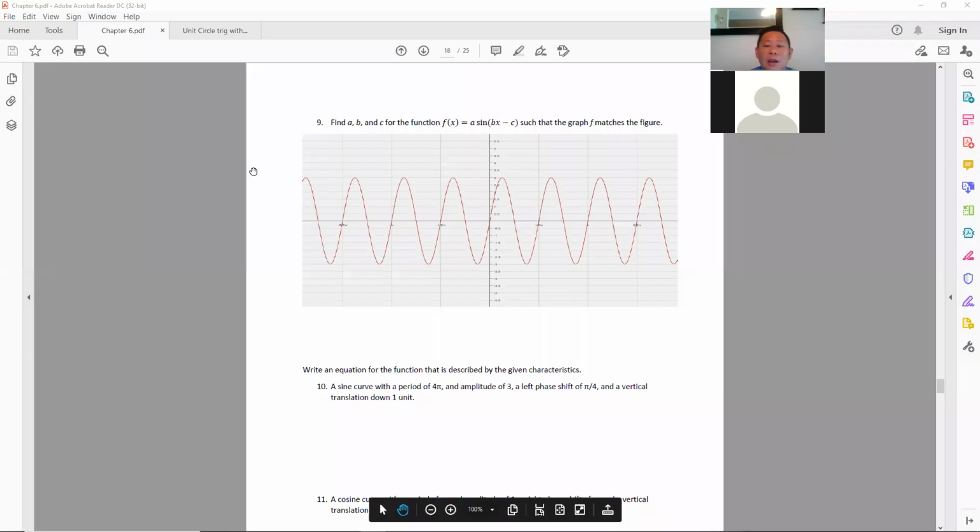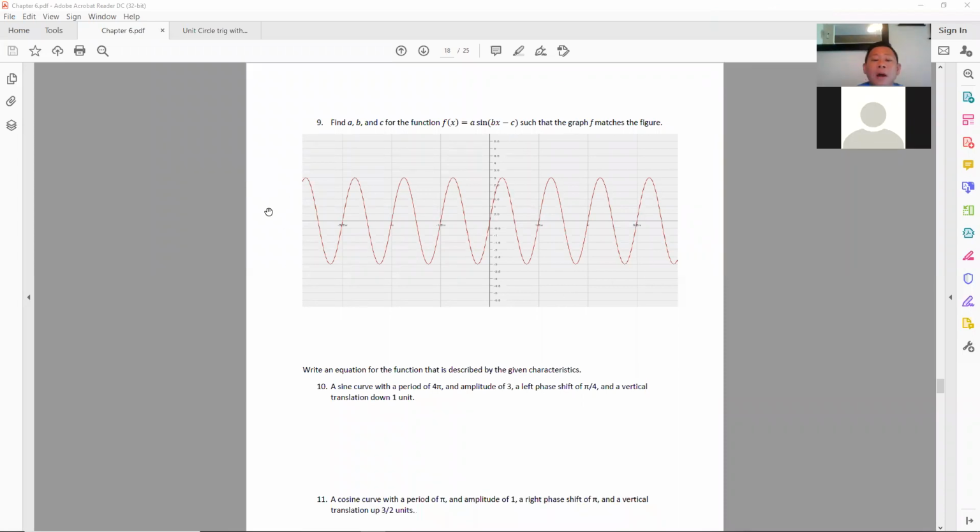This is a question that you will see in your online homework. They give you a graph and they want you to find the values of A, B, and C for a sine graph represented by this equation, or this graph here.